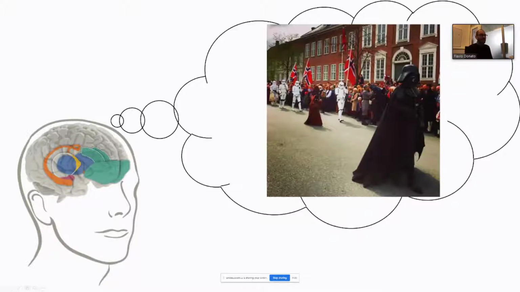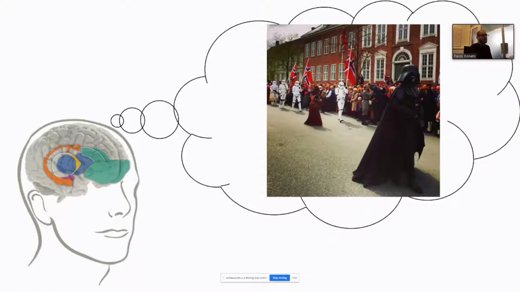This is a picture that I took. It was the first time I saw them, and it is very etched and engraved in my mind. This is an experience that happened to me, lived in the first person, an episode with a clear place like Trondheim and a time like 4 years ago. This is what we define as episodic memories.